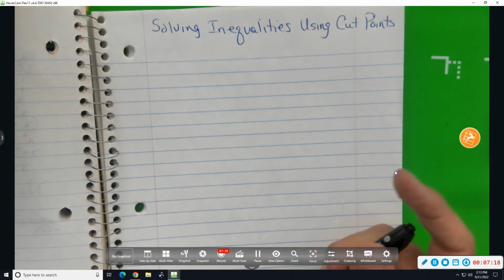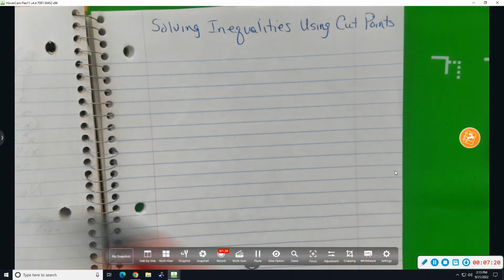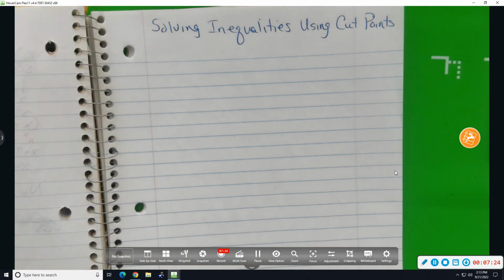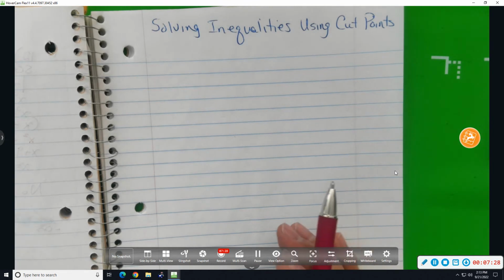At the end of this class, that phrase, cut points, if you hear it, is going to mean something to you, hopefully. First of all, we've solved equations this semester.